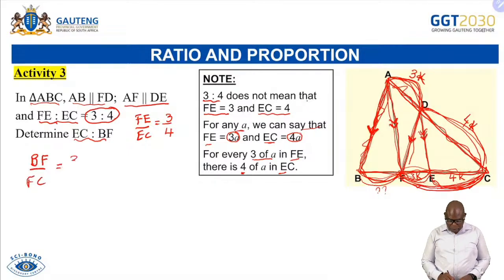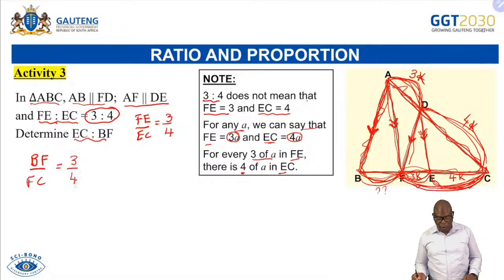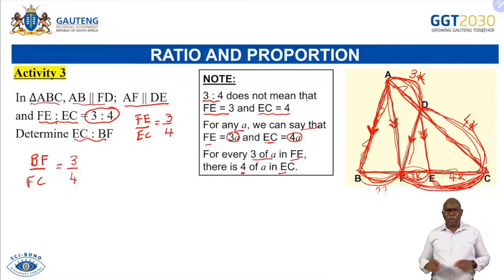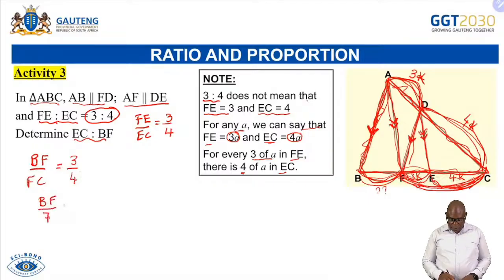I can write 3k over 4k, but the k's will cancel out. But remember, what is FC? FC is 3k and 4k, which means FC in total, the total length of FC, will be 7. So I'm going to go BF over 7 equals 3 over 4.